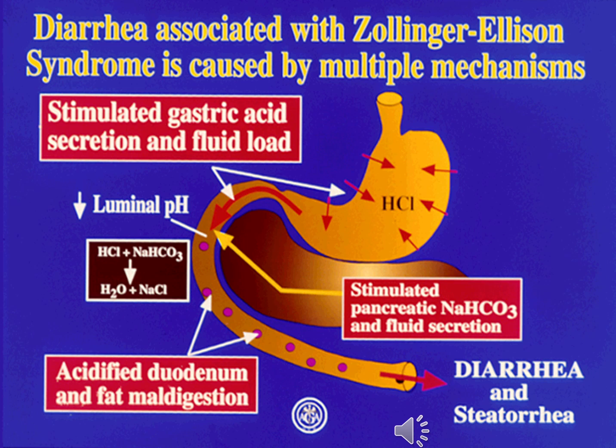But the most important effect is that the amount of acid in the duodenum is much higher than normal, and the secreted bicarbonate from the pancreas and liver is not enough to neutralize all the acid that goes into the duodenum. So there is an acidic medium in the duodenum, leading to inactivation of pancreatic enzymes, resulting in maldigestion of fat. So fat will reach the colon, leading to steatorrhea and diarrhea.